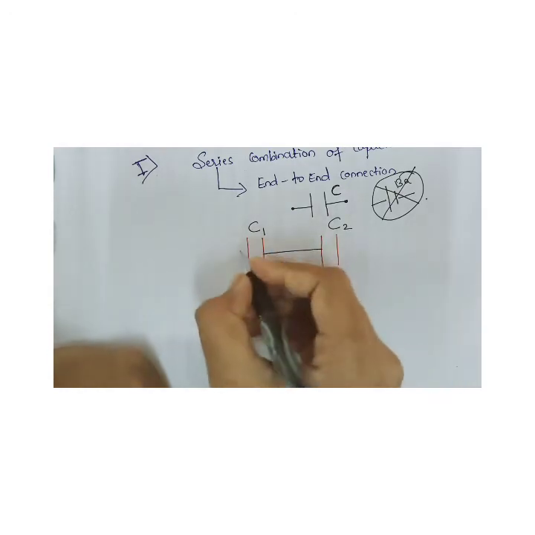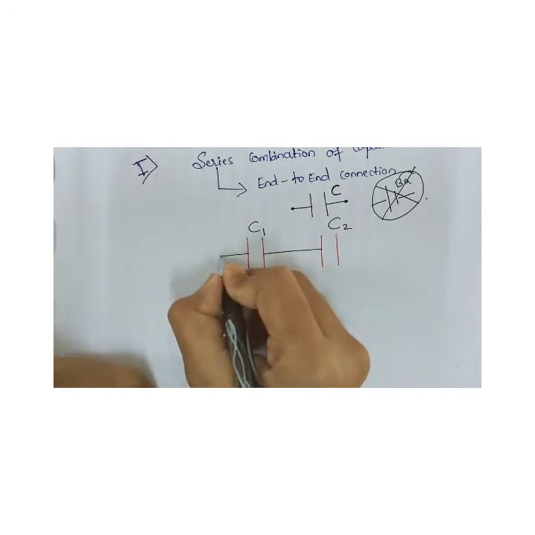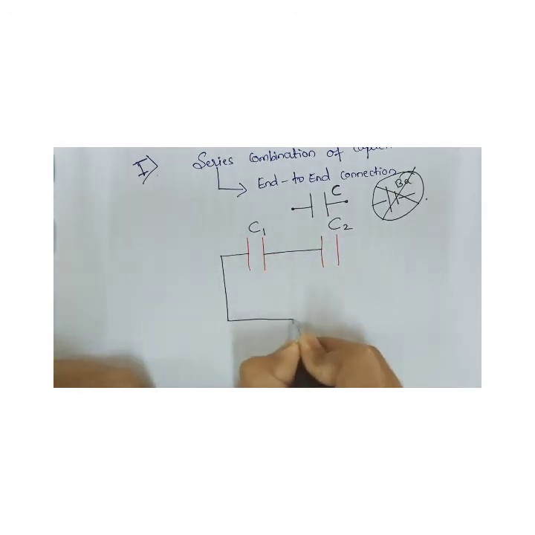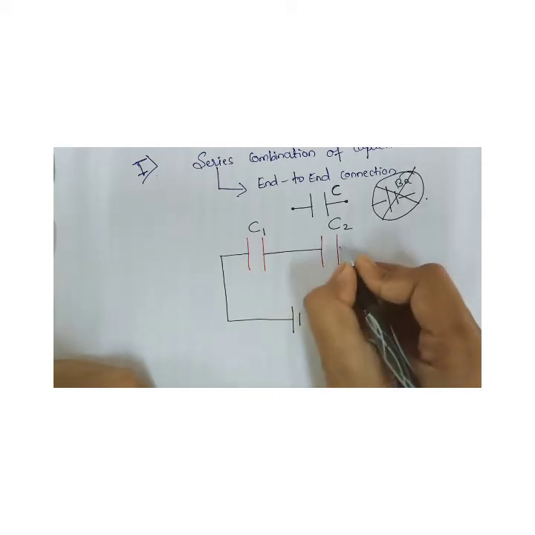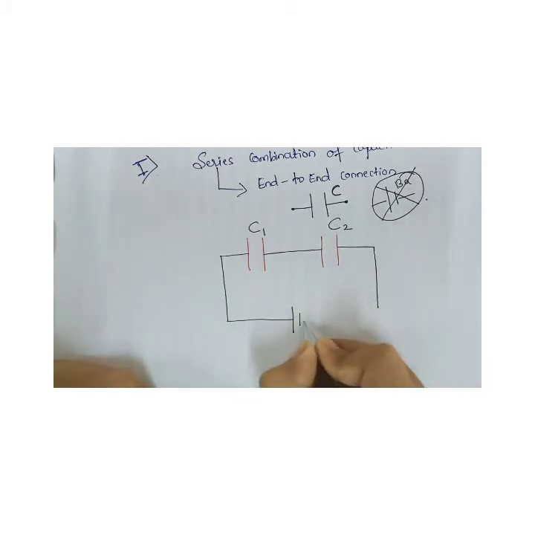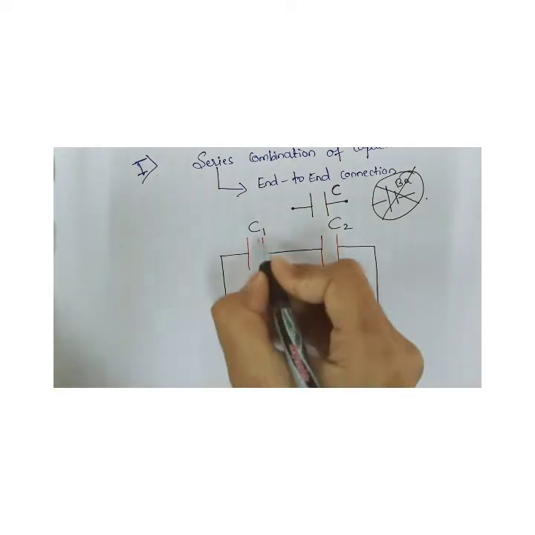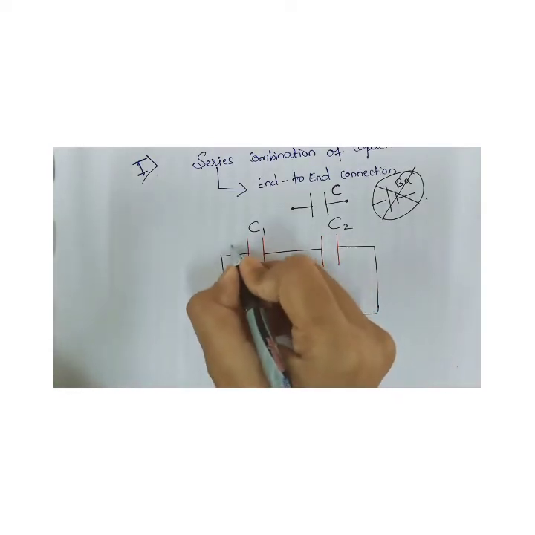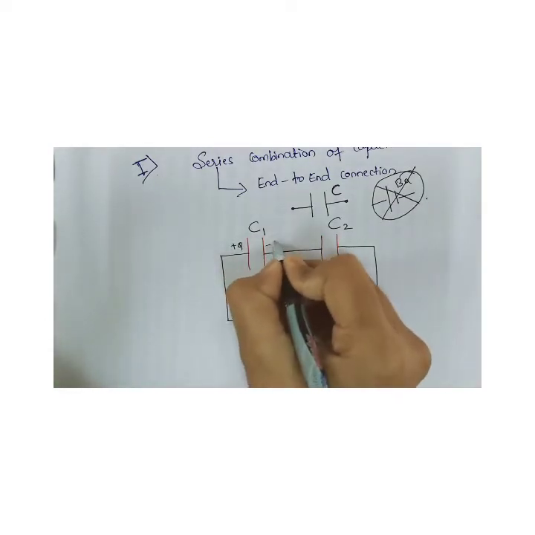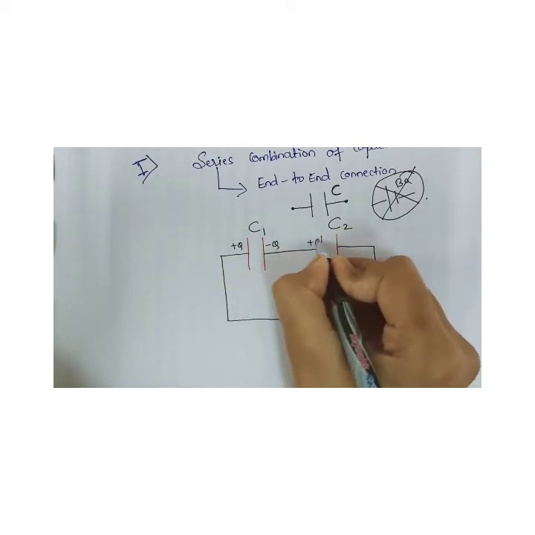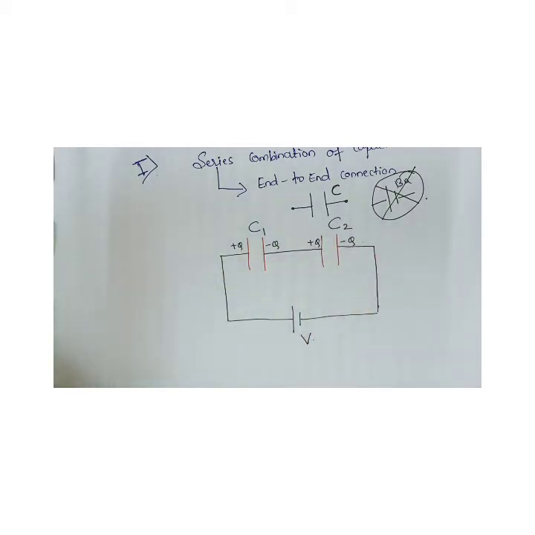The other ends are connected to the battery, so there will be a potential difference. Let us assume this plate is positively charged, this negatively charged, this positively charged and this negatively charged. So this is our series combination.